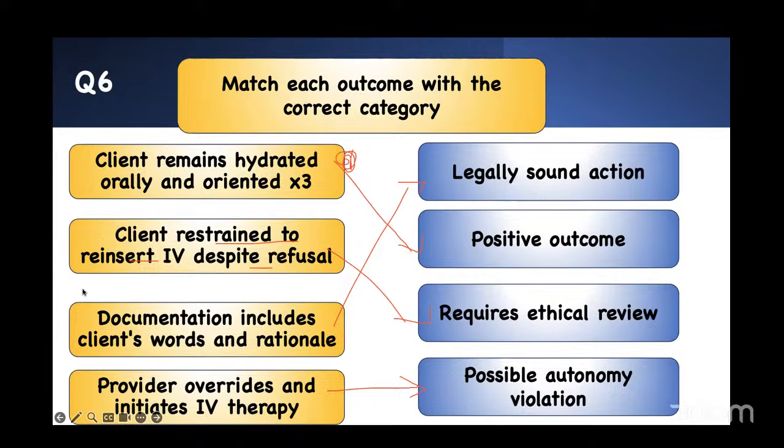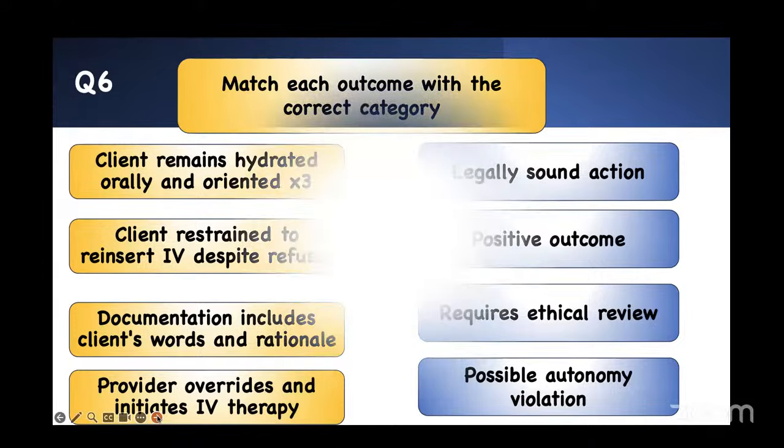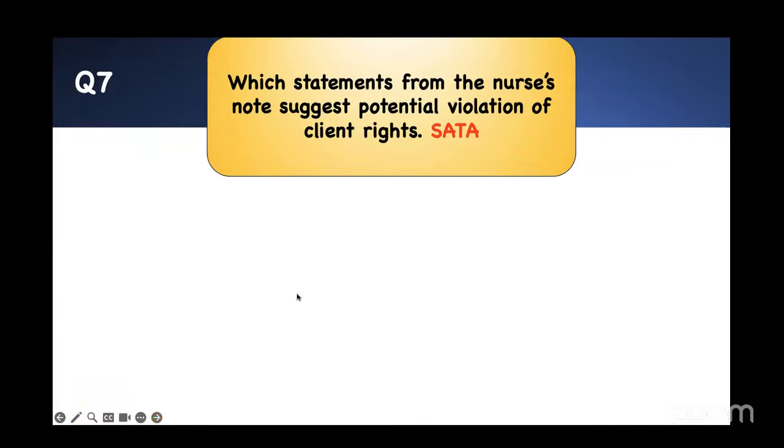These are ethical questions, fundamentals of nursing case studies, using these principles to show you how you can master your fundamentals even when you see them in a case. This is fundamentals of nursing dealing with questions and answers in a next generation case study form, to be able to see what is going on. Number 7: which statement from the nurse's note suggests a potential violation of the client's rights? Now that you know what ethical violations are, what do you think?